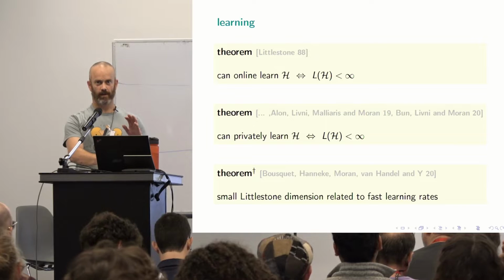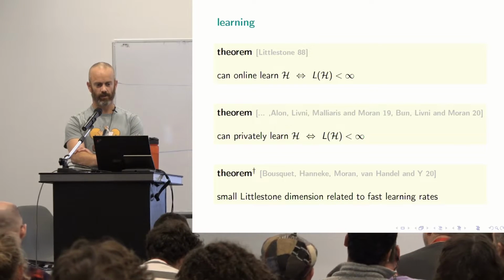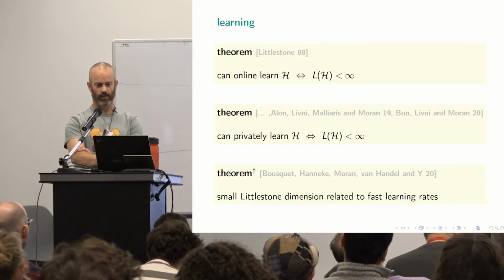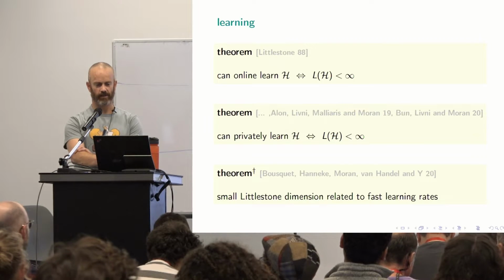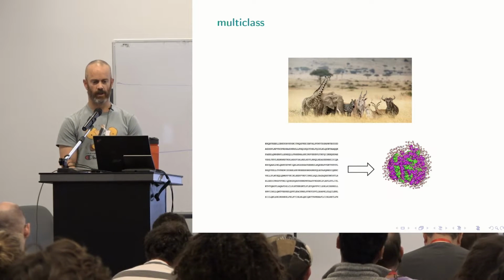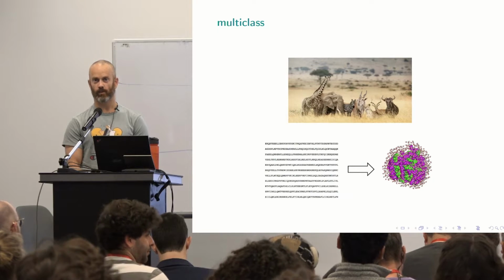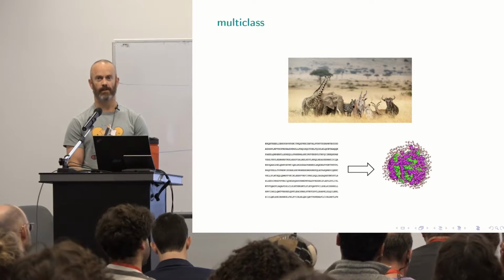So these are statements about the Boolean setting, the binary classification scenario, and I want to move to a more general scenario, when the number of outputs is not just 0 and 1, it's some arbitrary number.